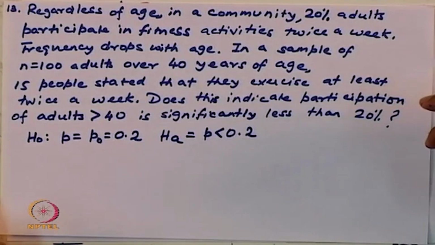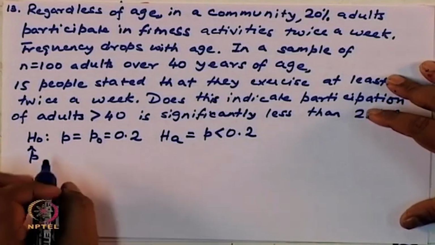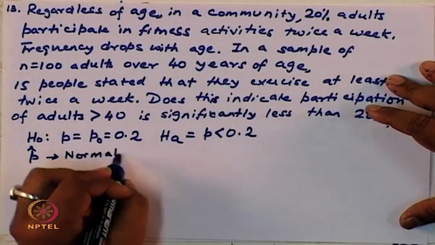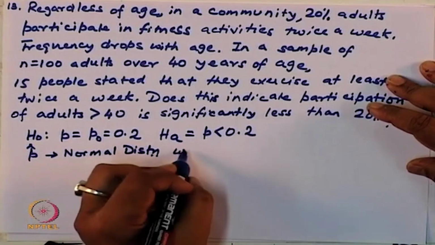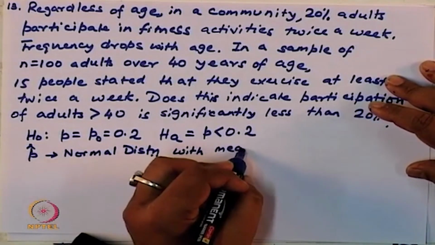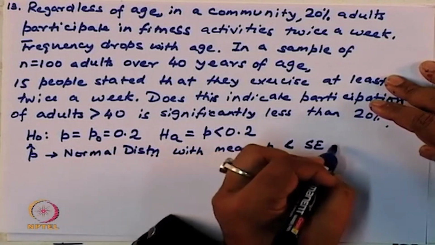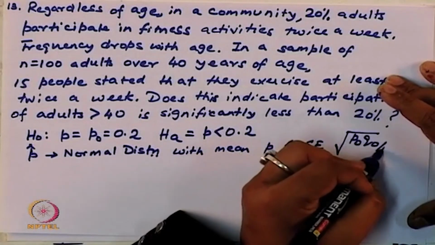So, your proportion P hat, we know it follows normal distribution with mean P naught, and standard error root of P naught Q naught by n.